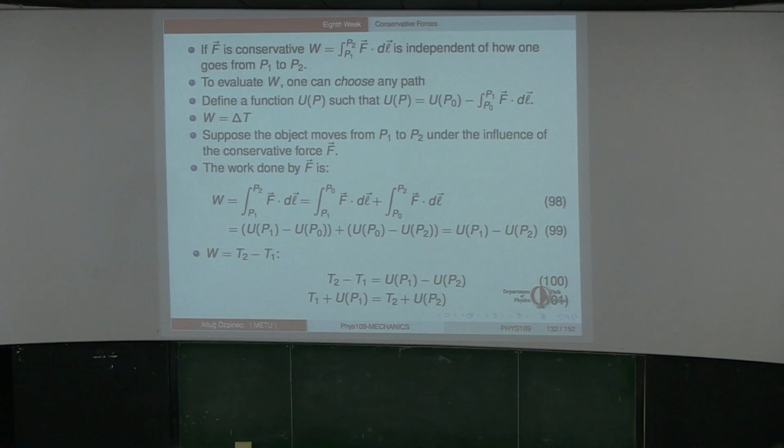So if Earth changes, then this force changes, and hence the potential energy changes. If the displacement of my mass changes, then the potential energy changes again. So whenever you think about the potential energy, you have to think of the potential energy of the whole system, not just a single part of my system.